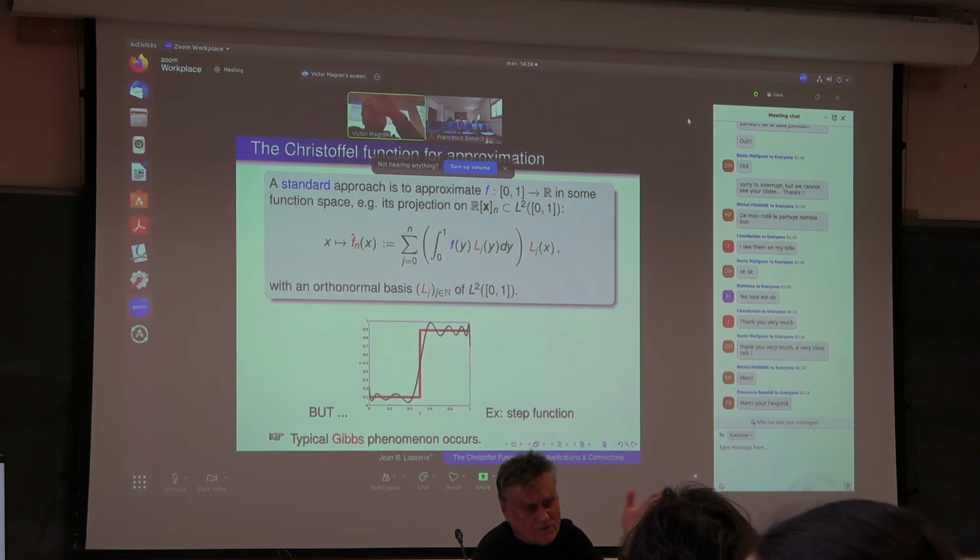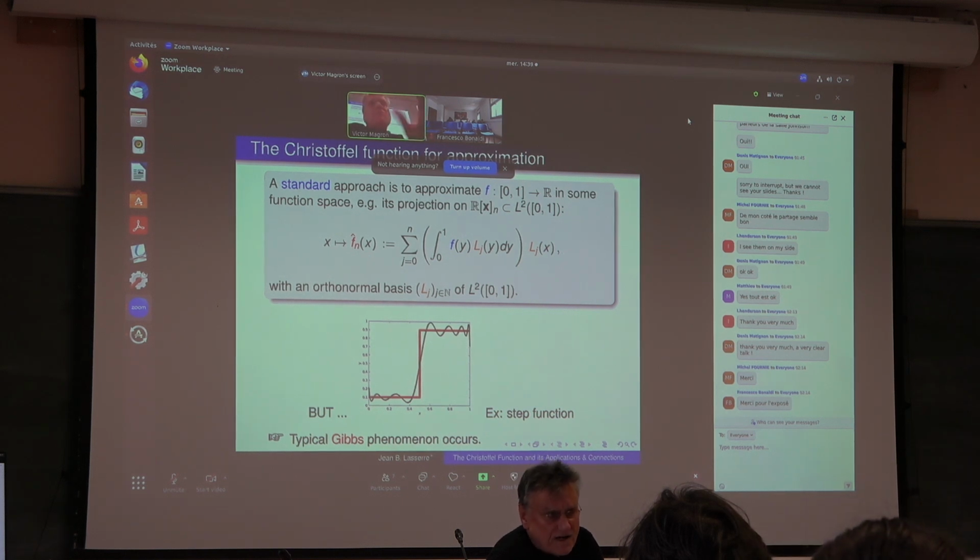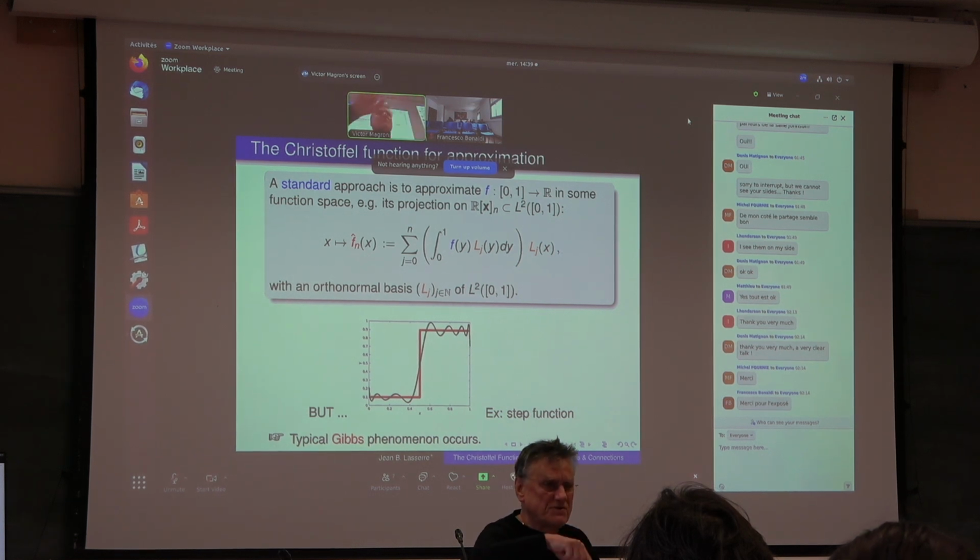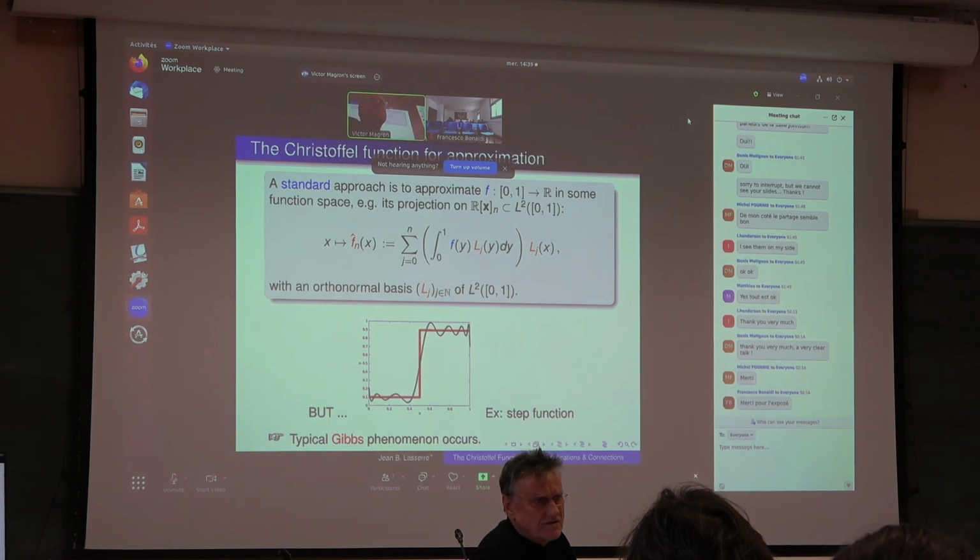You don't know exactly the function, and you would like to approximate it by a polynomial of degree n. When you do that with the classical way of using the Christoffel-Darboux kernel, you approximate your function f by your polynomial f hat of n of degree n. You will observe some oscillations which are not very nice. This is called the Gibbs effect.